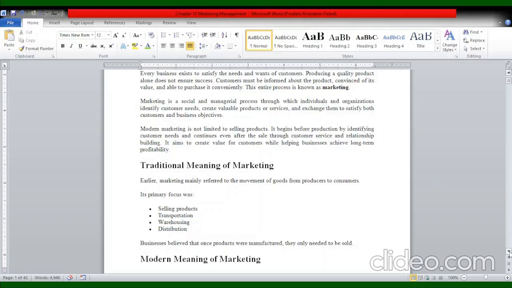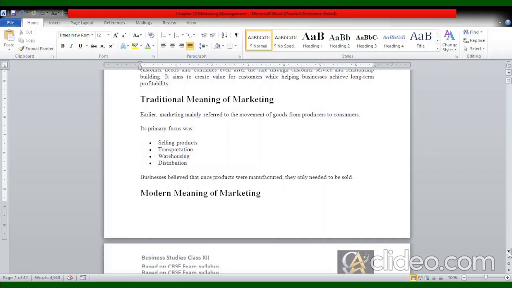It includes various other activities that are not limited to selling but give the customer a wide variety of information about the features, the quality, the product, the services, and many more, right? So this is how you understand the difference between modern marketing and traditional marketing.